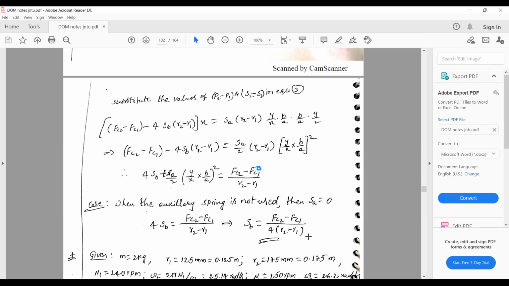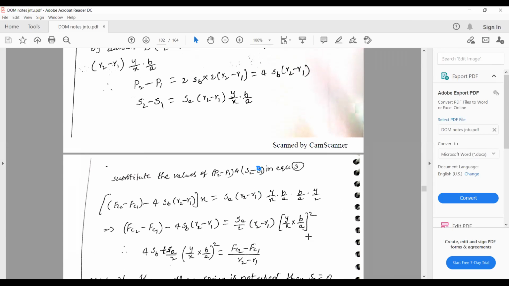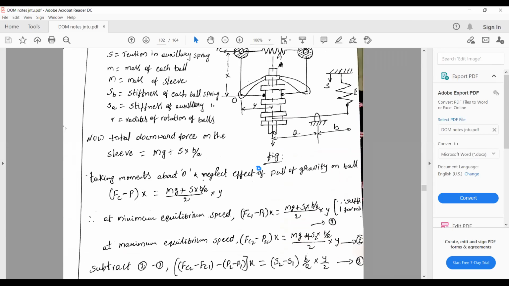So that is the Wilson-Hartnell governor.